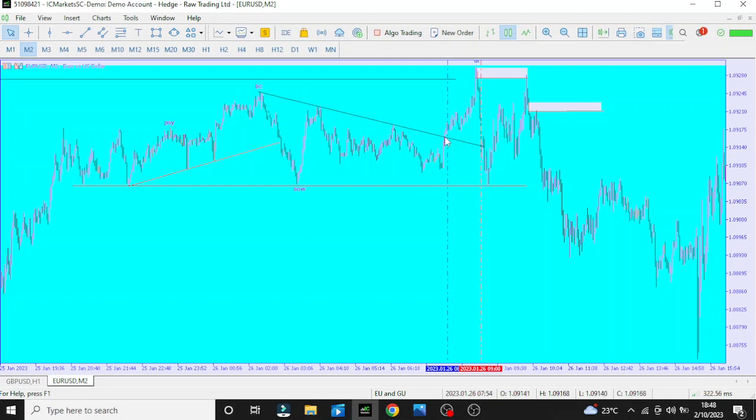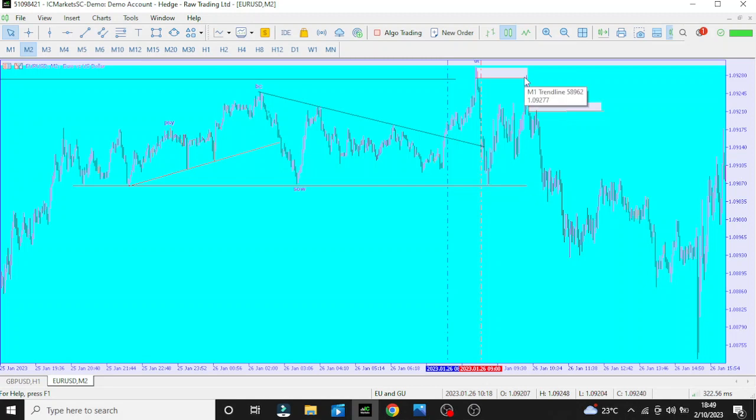You see, Frankfurt opened, people expecting to sell around this area were liquidated, and price went on to liquidate that high time frame high and retest this trend line. And when the price reached this point, people were expecting to buy and they were liquidated. And this liquidation happened during the London session.